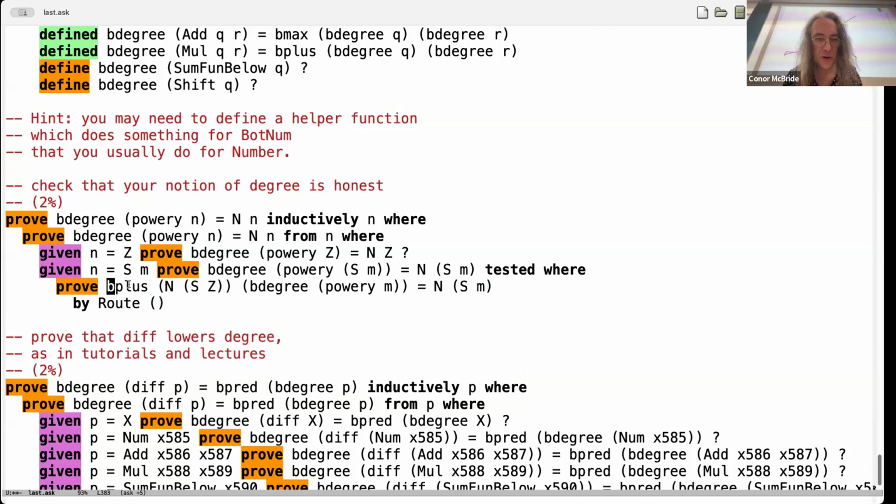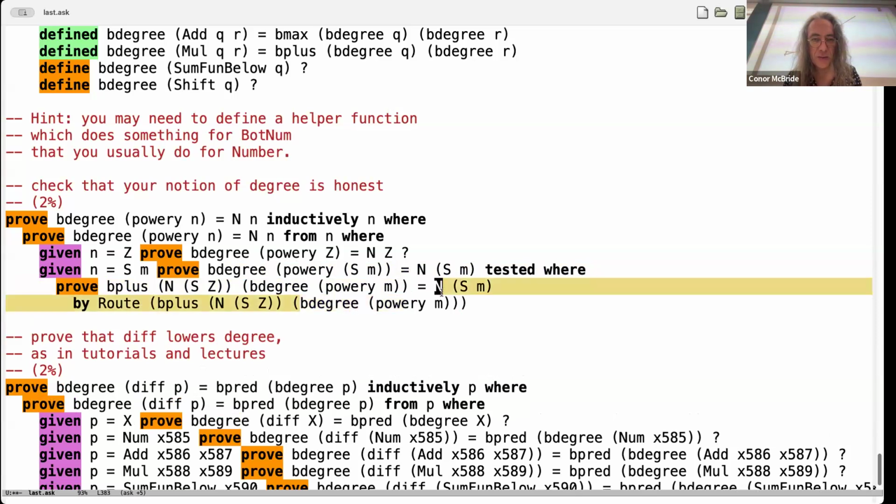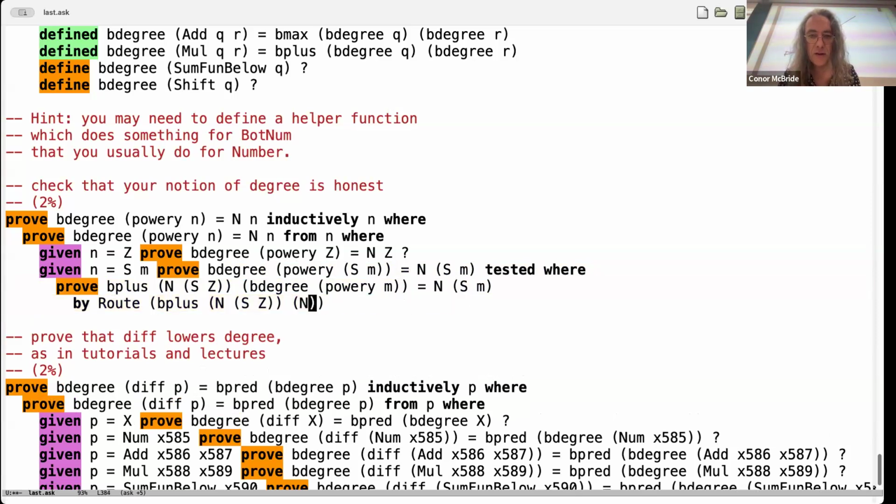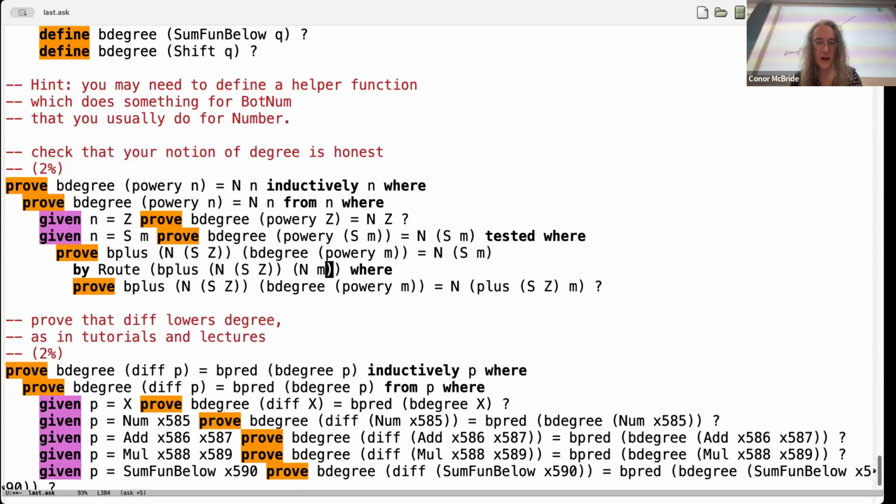So I'm going to copy the whole left-hand side. And then I'm going to replace this thing by what we know it to be inductively. And now I'm asked for this thing.